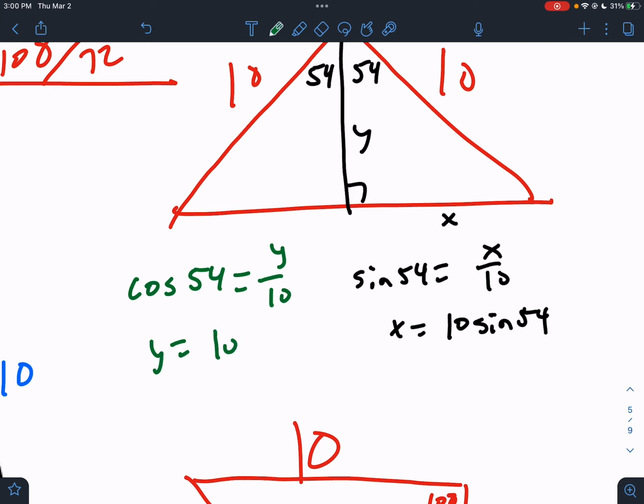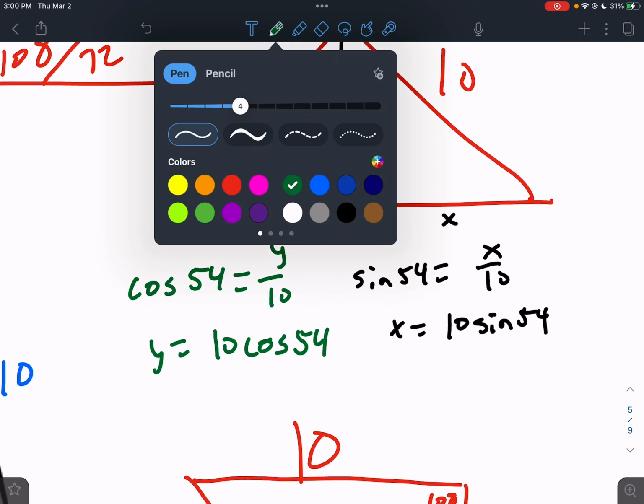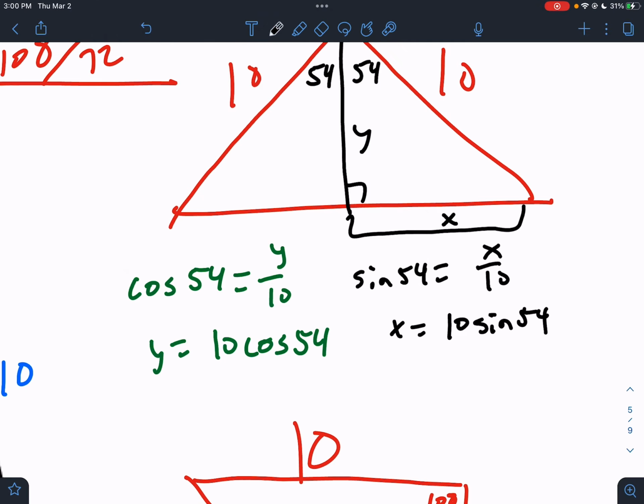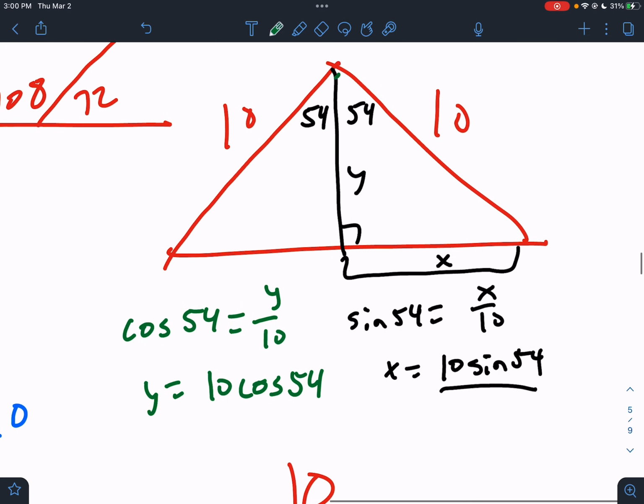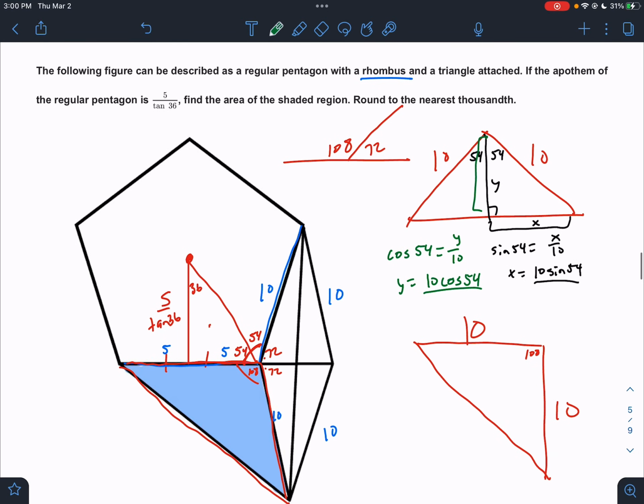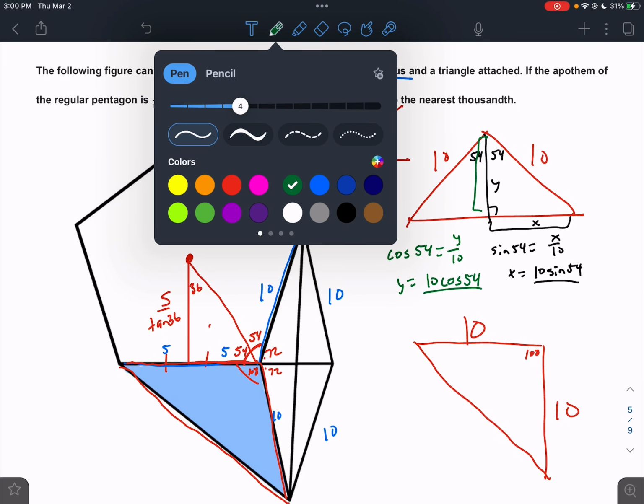So y equals 10 cosine 54. So we know that this number is this, and that the height is this. So we can now find the area of that triangle.